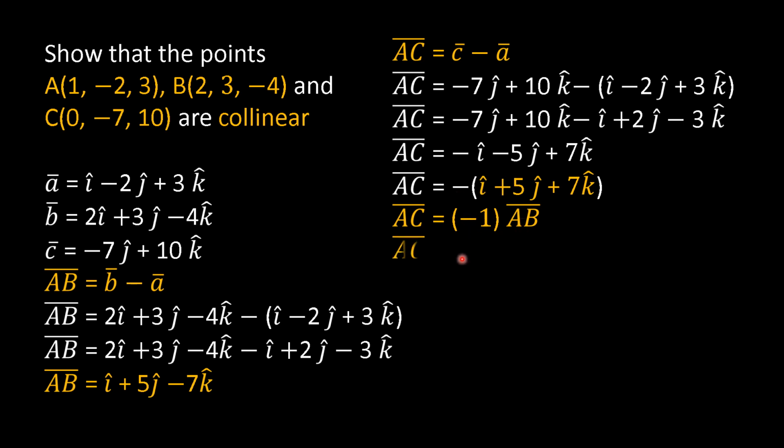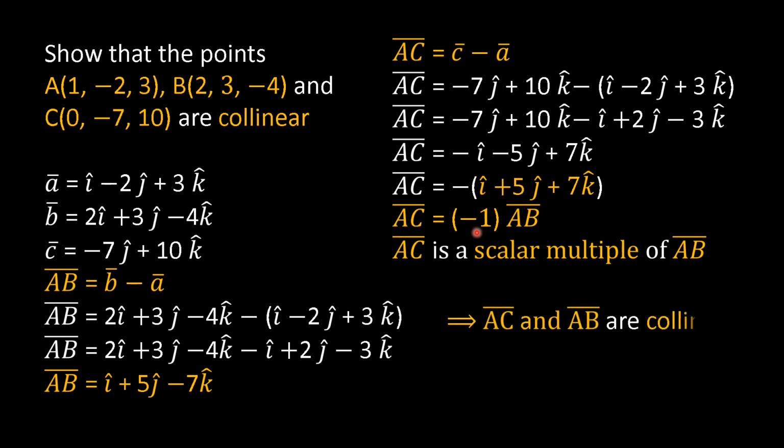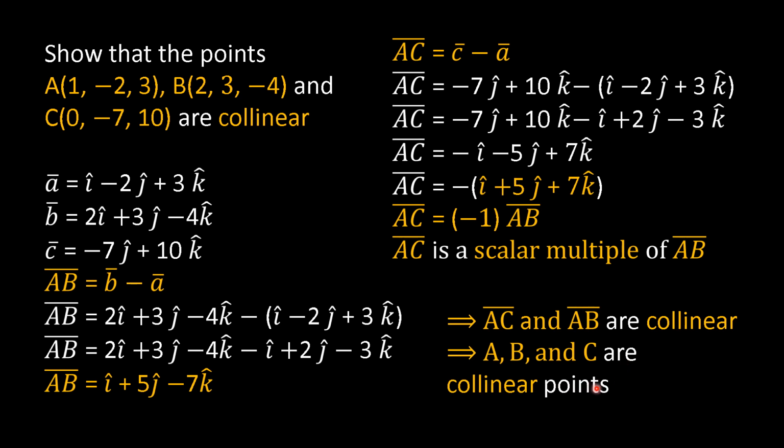Here we observe that vector AC bar is a scalar multiple of AB bar. This is the scalar, which implies that AC bar and AB bar are collinear vectors, but they have A as the common point, which proves that points A, B and C are collinear points.